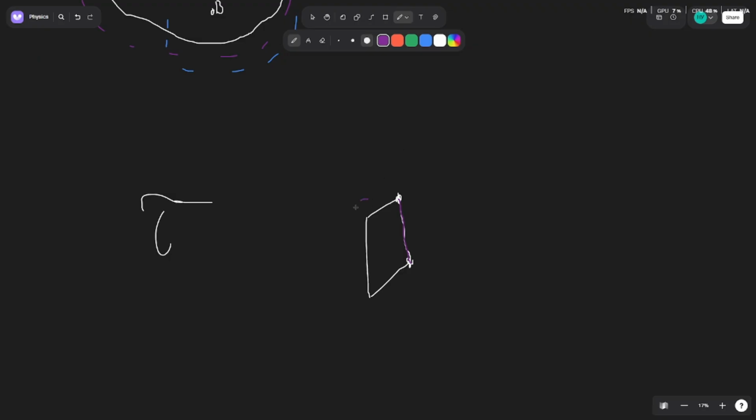The door rotates around this axis, right? So torque depends on the force you apply and the distance from the axis of rotation to the place where the force is applied. What does it mean?